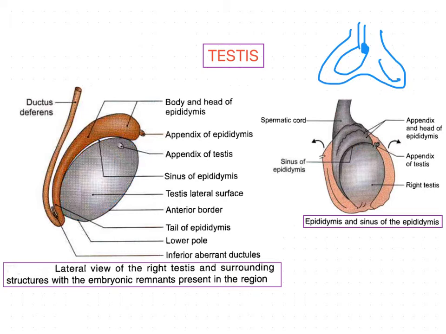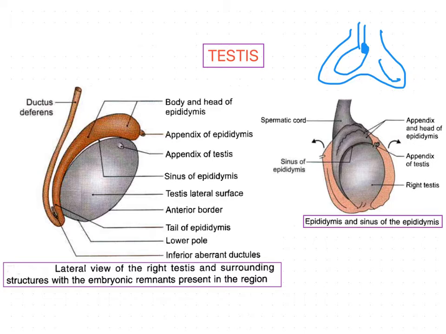This space, which separates the epididymis and the testis, is due to an extension of the cavity of the tunica vaginalis. That means the tunica vaginalis covers all sides except the posterior side, so a gap is formed between the epididymis and the testis.